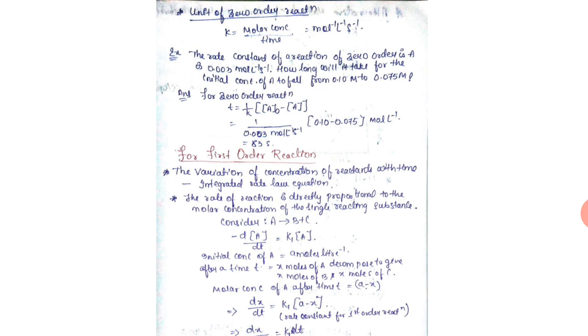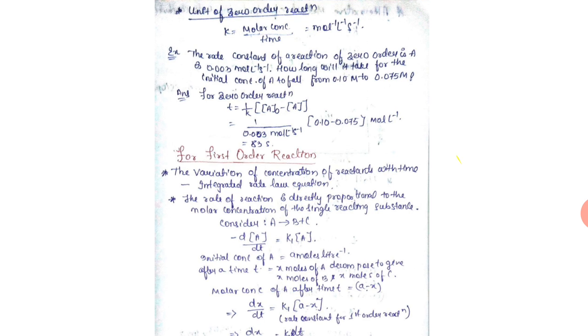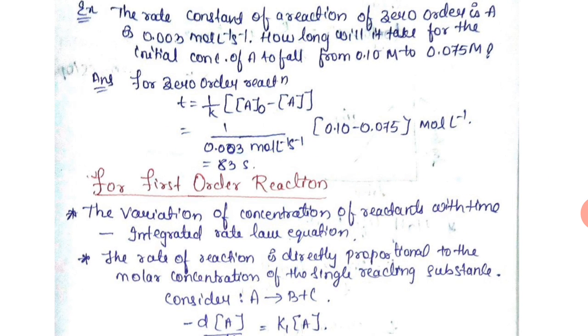For example, we'll solve a problem. The rate constant of a zero order reaction of A is 0.003 mol L^-1 s^-1.